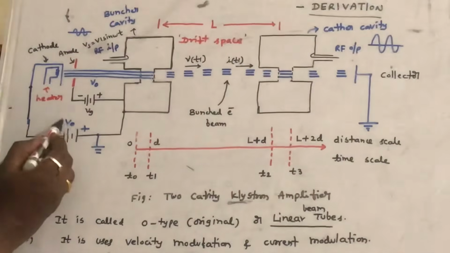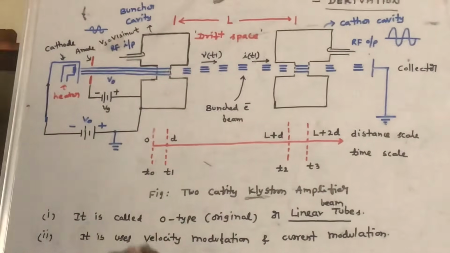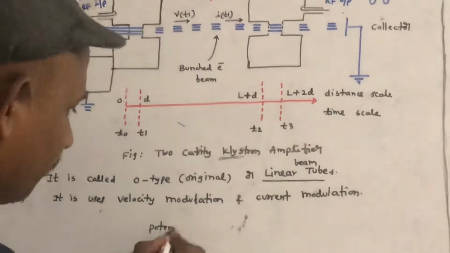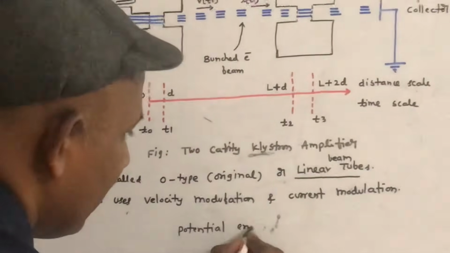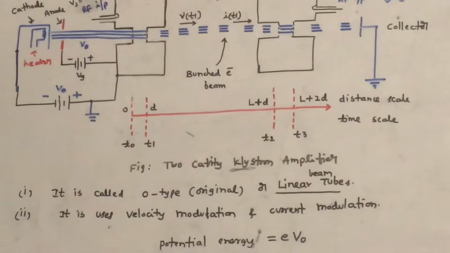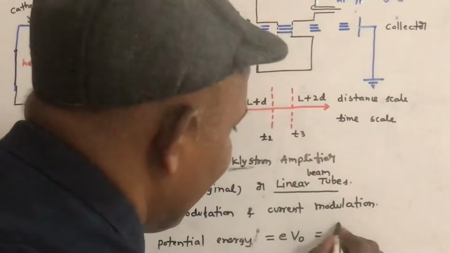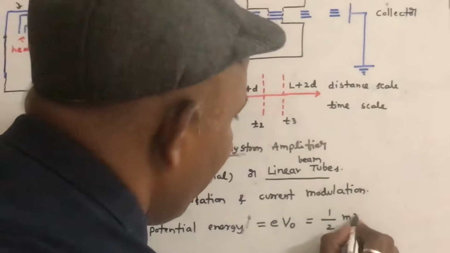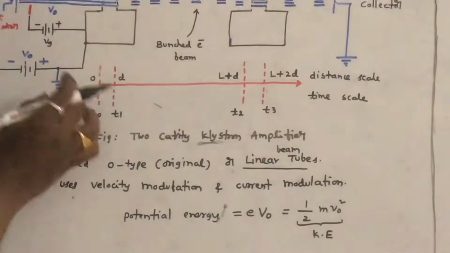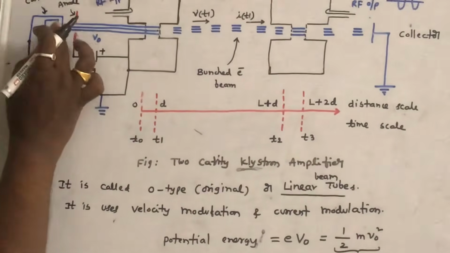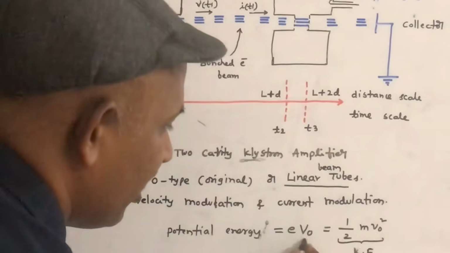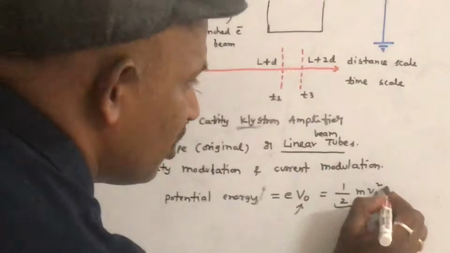V0, the cathode voltage here. So the potential energy it gets is e into V0. This is converted into kinetic energy, which is half m V0 square. So by taking this potential energy, the electron converts it into kinetic energy. Here, remember that V0 is the cathode voltage, and this V0 is the velocity.